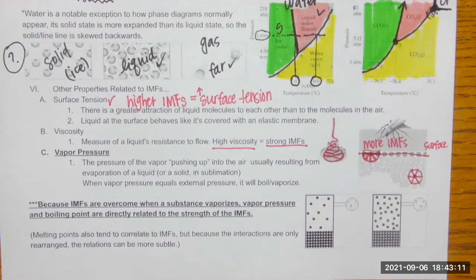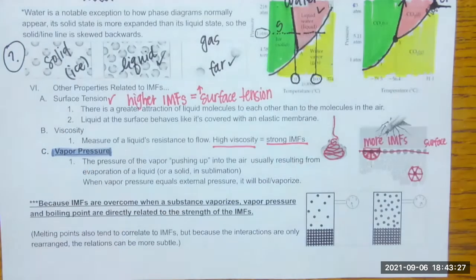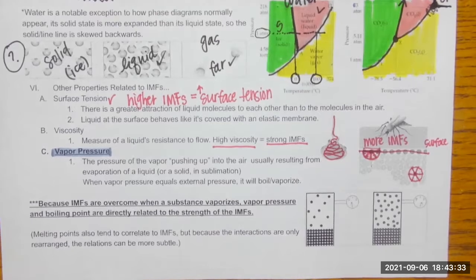And the last one that's the most, I'd say used, I wouldn't say most important, but the most used one on the AP exam is this idea of vapor pressure. So to get a liquid to be a gas, it has to vaporize, right?